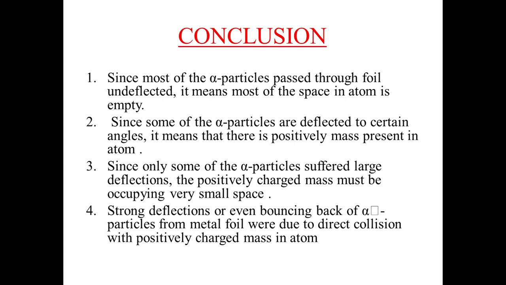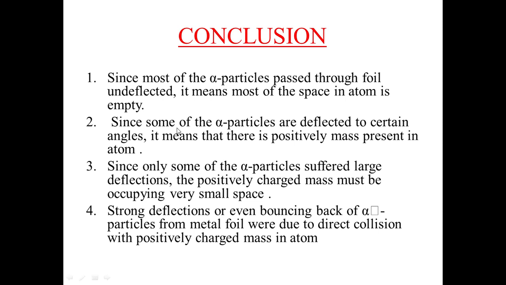The second conclusion is that some of the alpha particles show little deviation because the alpha particle and the nucleus of the atom are both positively charged, and because of the same nature of charge, they show deflection or repulsion. That is the reason for a little bit of deviation.